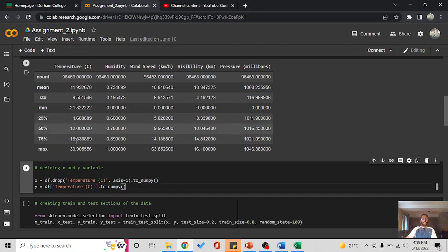And similarly we will only have the dependent variable temperature in another variable called y, and it's going to be a numpy array too.